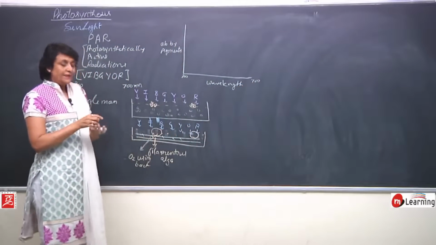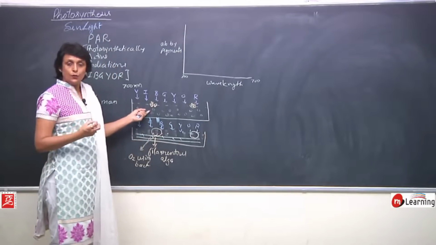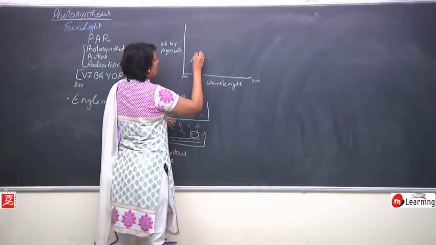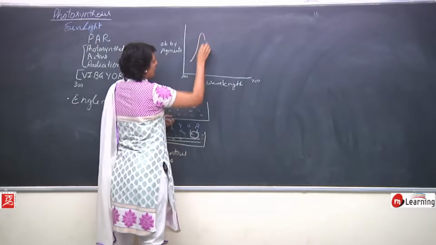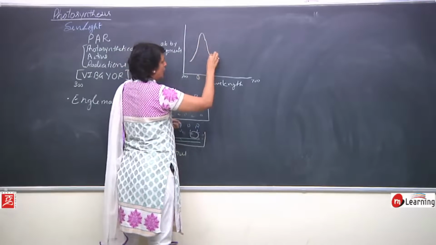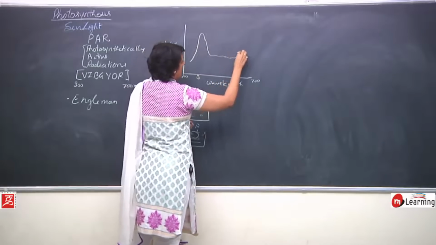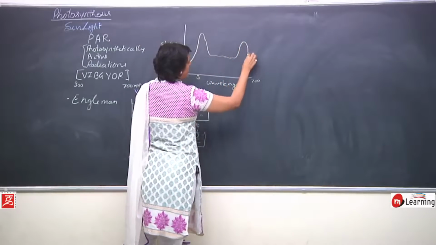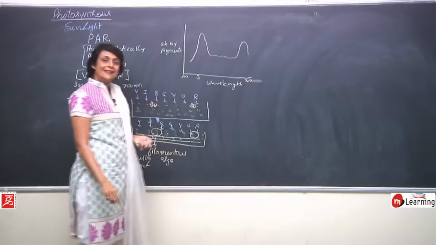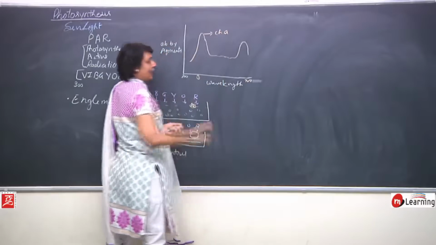They found that for these pigments, the action was maximum at two regions: in the blue band, then again there was a lower action, and again it went up in the 700 region, that is, again red. This was the graph which they got for chlorophyll A.